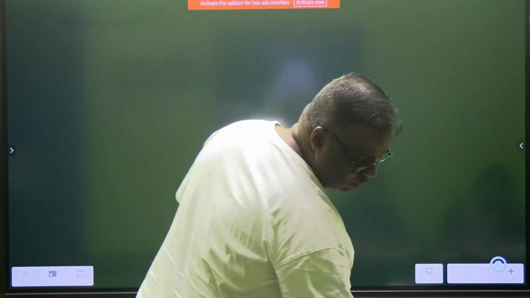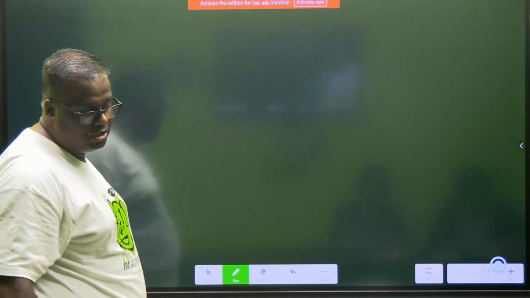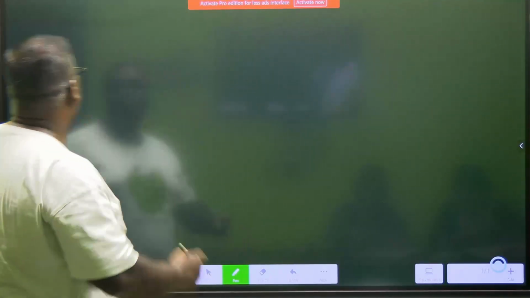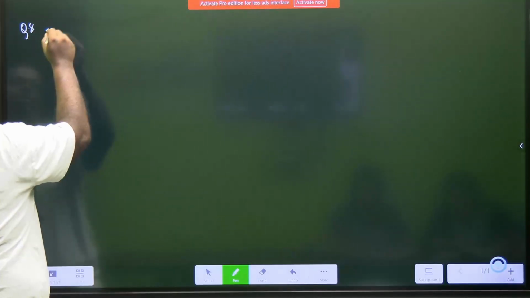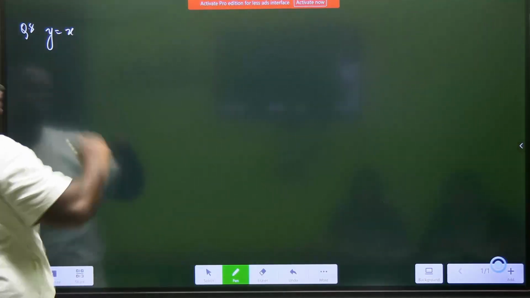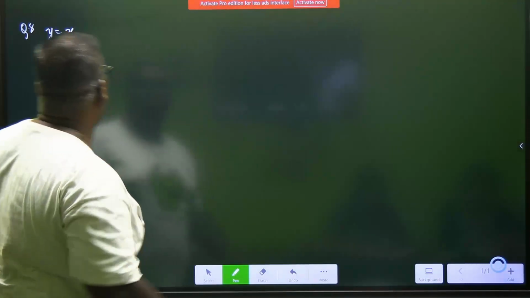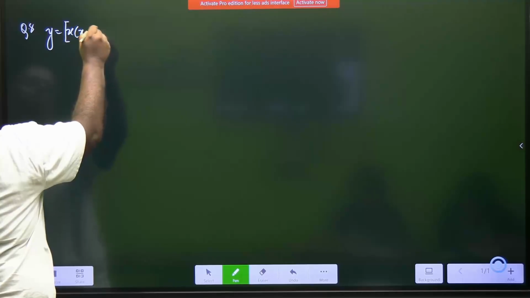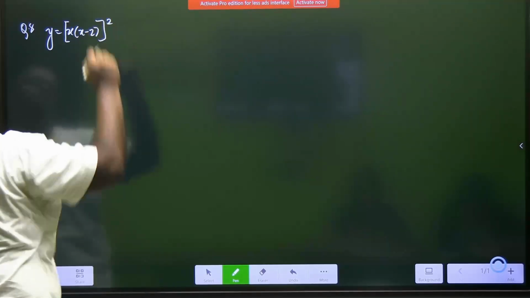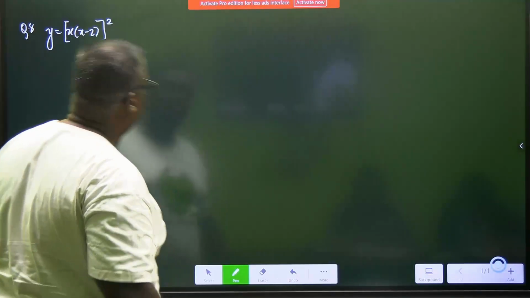Though I have the book, can you just narrate it. Show that: find the values of x for which the function y equals x into (x minus 2), and the whole thing is a square, is an increasing function in x.